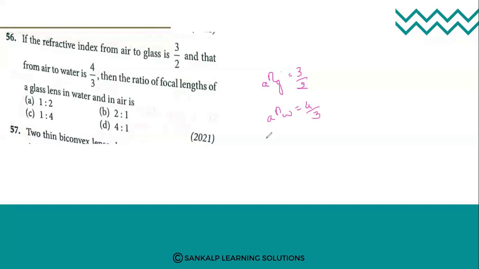Then the ratio of the focal length of the glass lens in water and in air is? The options are 1:2, 2:1, 1:4, 4:1.